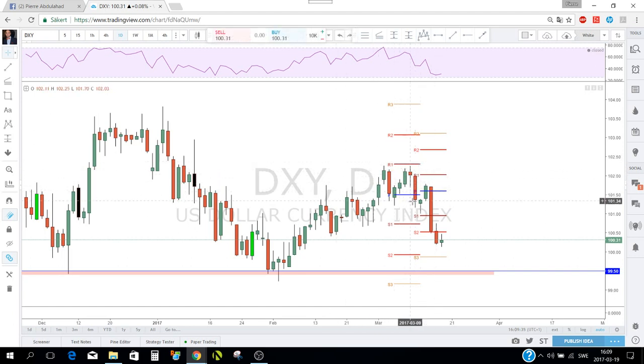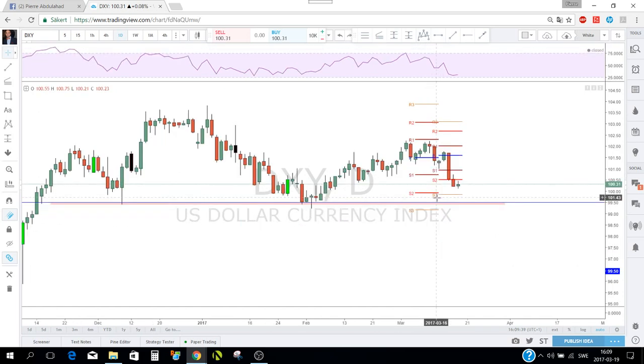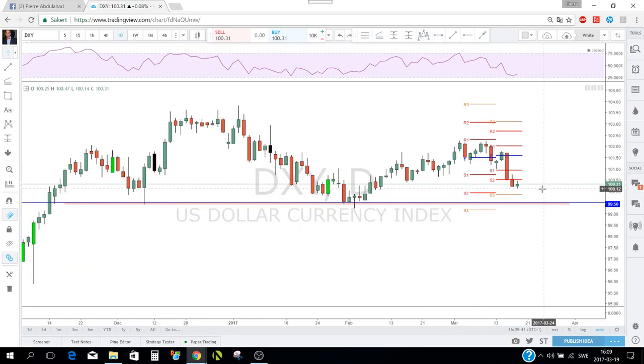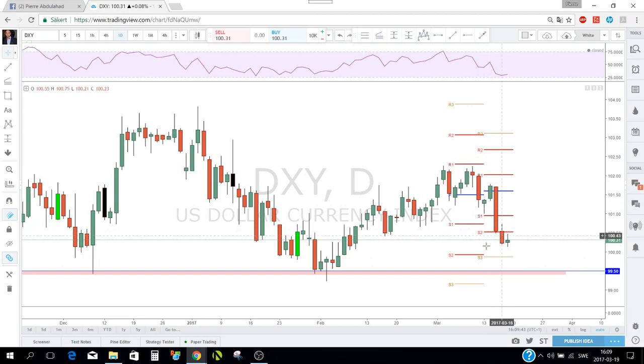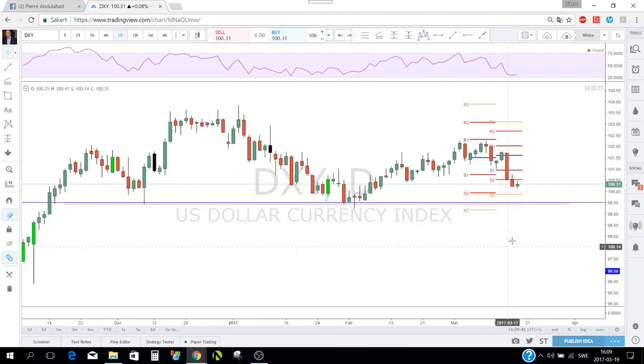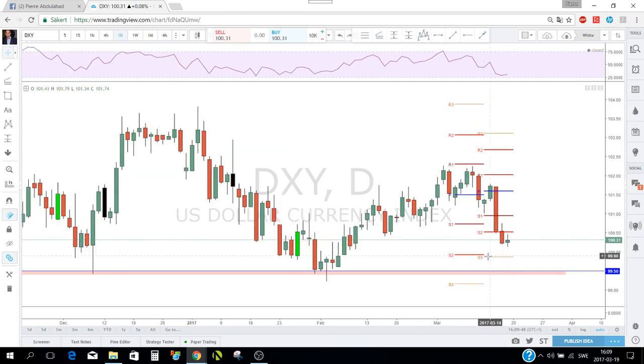We got a move down, a retracement back up, and this huge move to the downside. So we broke S1, S2, and it looks like the Dixie is heading back down to retest the S3 or this structure down here, yeah.